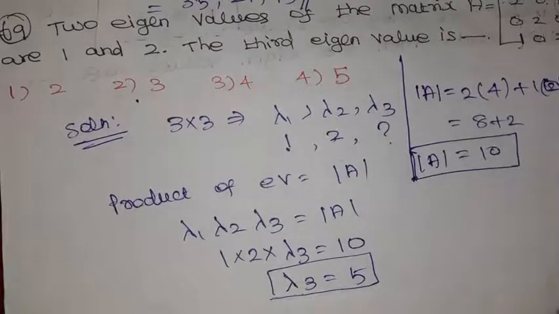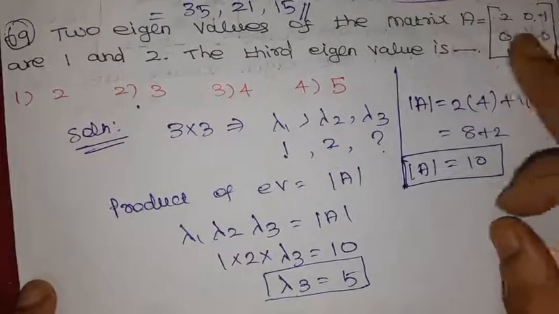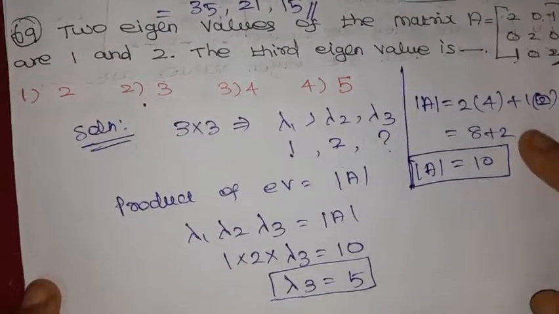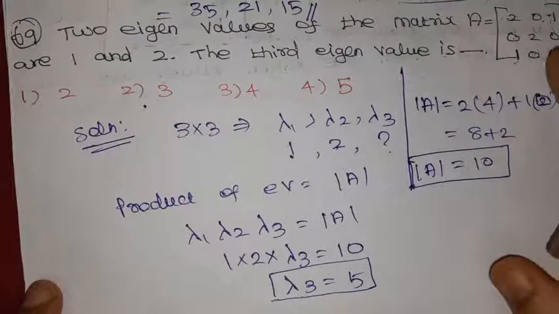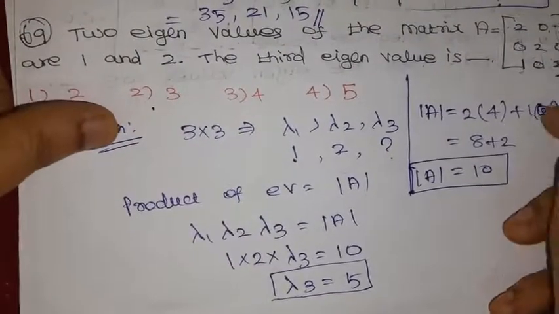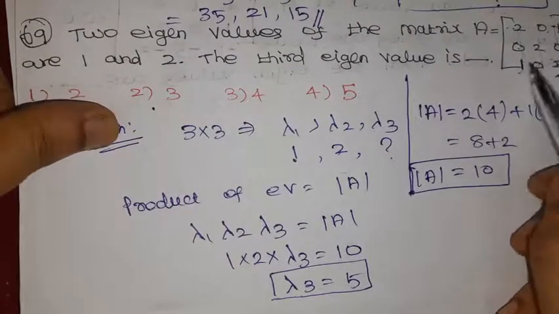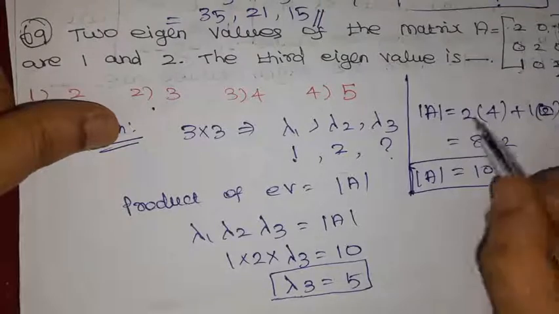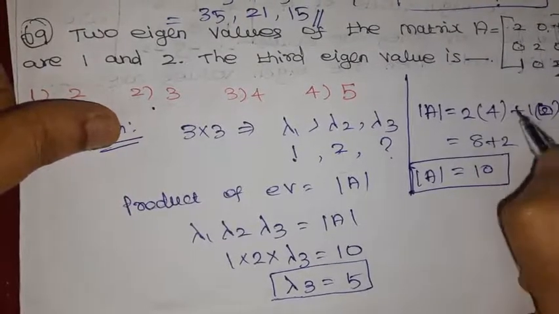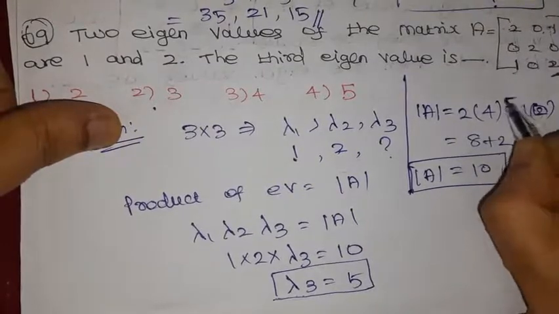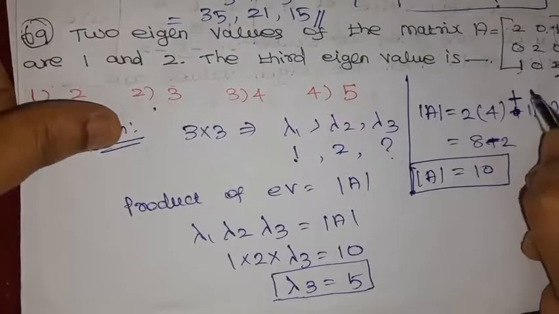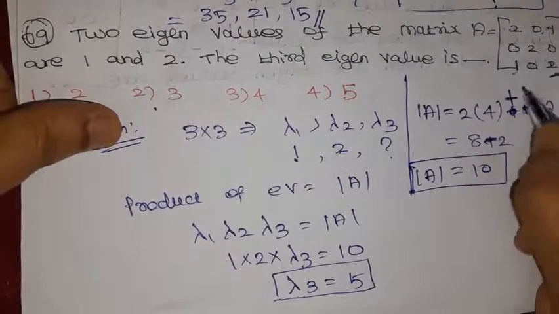So am I correct? I made a mistake, right? This is 4, 8. Then 1, 0 minus 2. So here minus 2, and here 1 into minus 2.